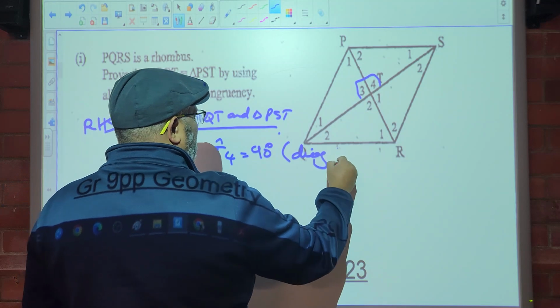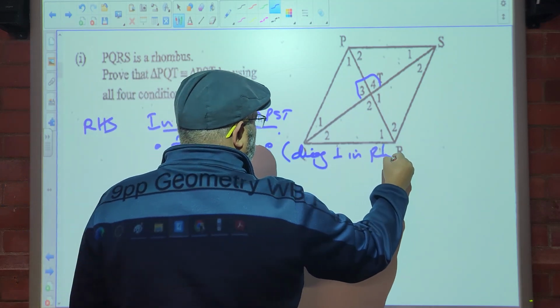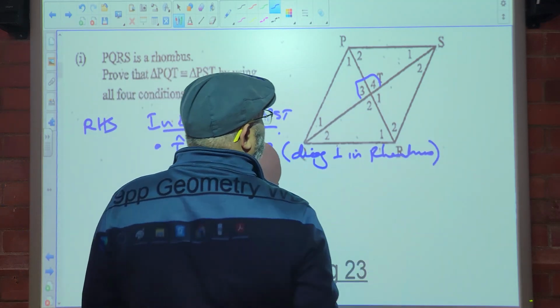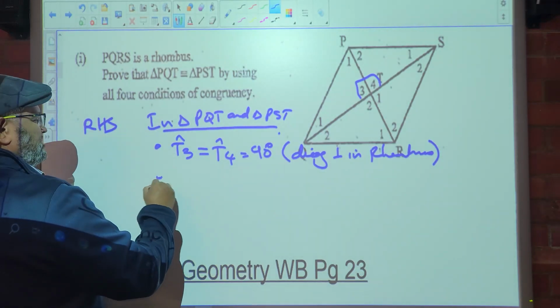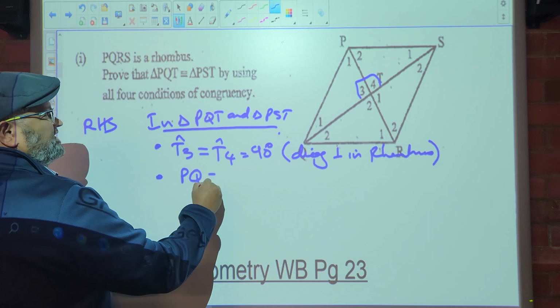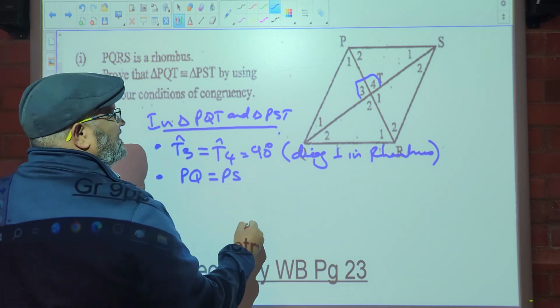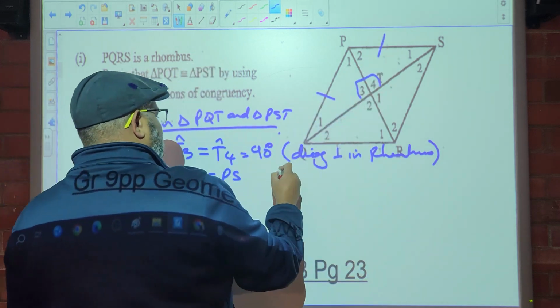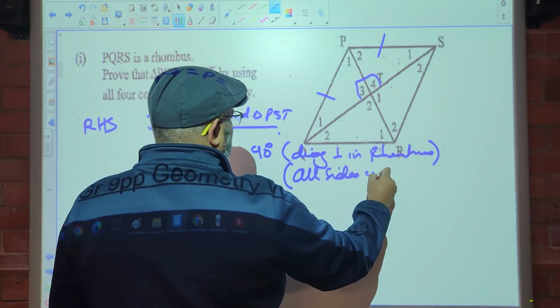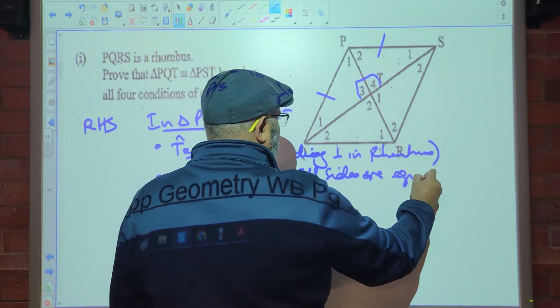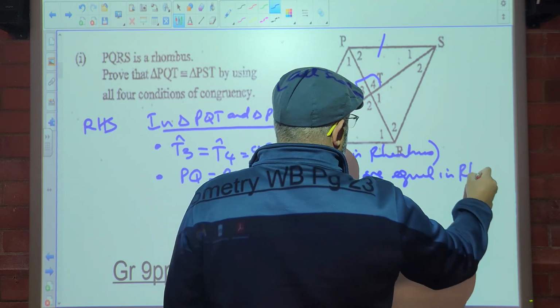Diagonals are perpendicular in a rhombus. We know that PQ is equal to PS. Why is that equal? All sides are equal in a rhombus.